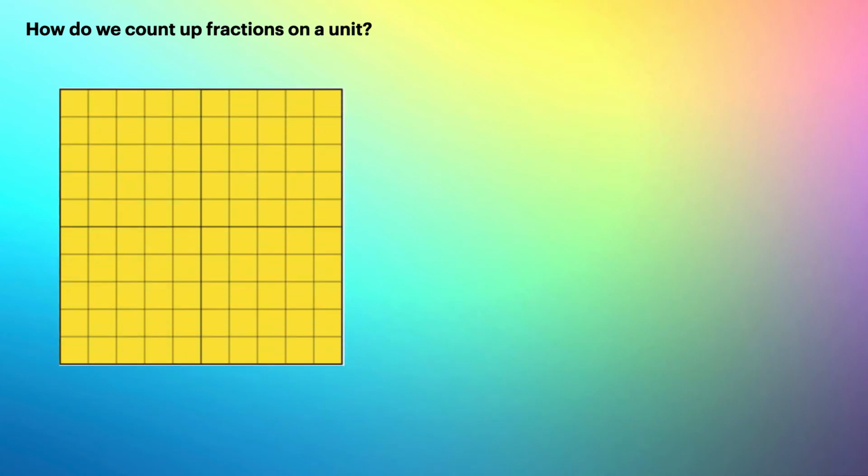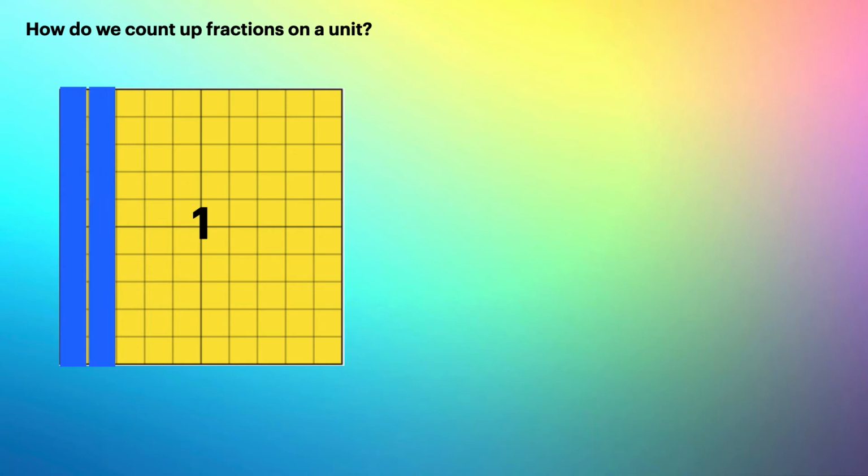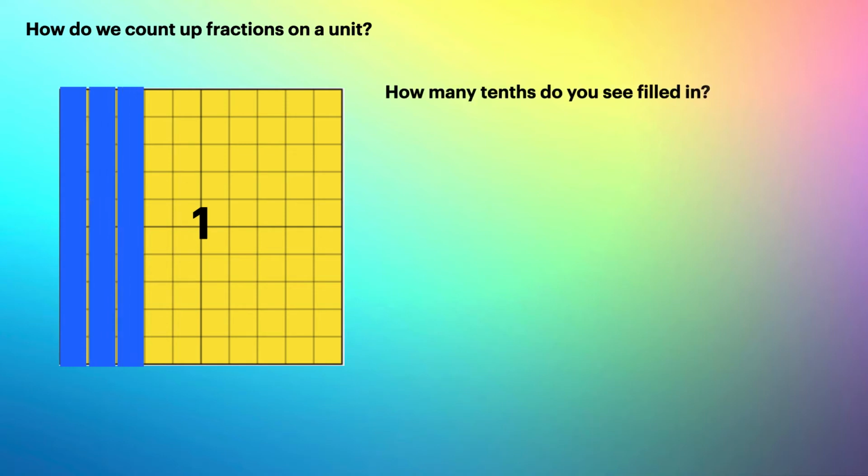Now, how do we count up fractions on a unit? Let's look at that together. Remember, this is still that itty bitty unit that's worth 1. I'm going to go ahead and shade some of these in. Now, how many tenths of this unit do you see filled in? Let's count them together. 1/10, 2/10, 3/10. 3/10 of this unit are shaded in.